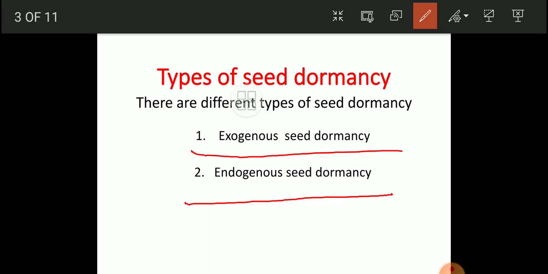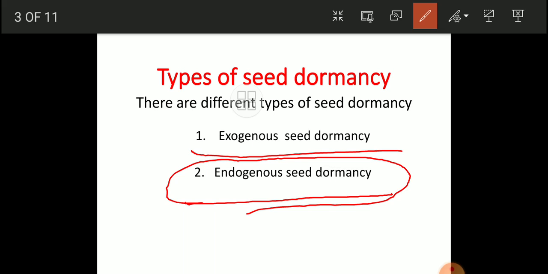External conditions are responsible for keeping seeds dormant. Whenever internal factors are responsible for keeping the seed in a resting or dormant condition, that is endogenous seed dormancy. These are the two main types.